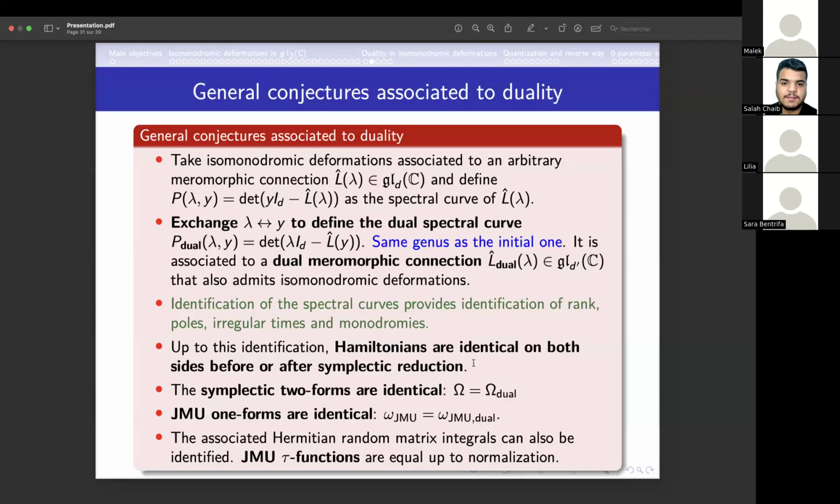You may tell me this is a little weird, because the spectral curve of degree 2, for example, comes from a rank 2 connection, and you are telling me that you can swap lambda and y to get a degree 4 spectral curve, which comes from a rank 4 connection. So a connection defined on rank 2 and a connection defined on rank 4, could they give the same symplectic structure?